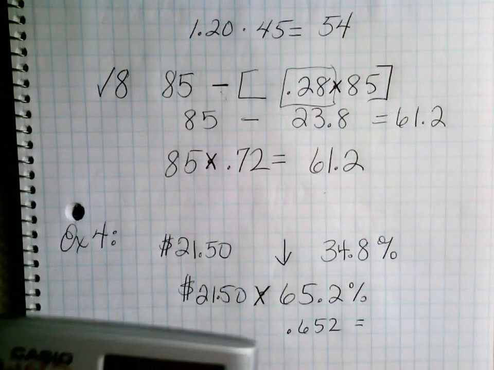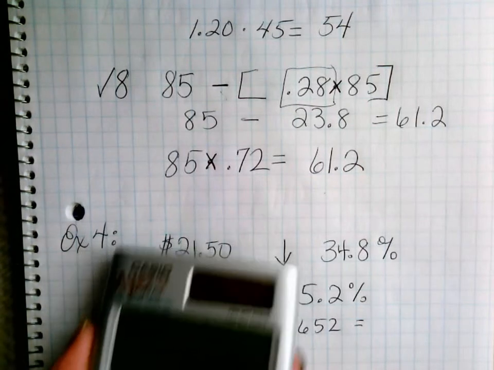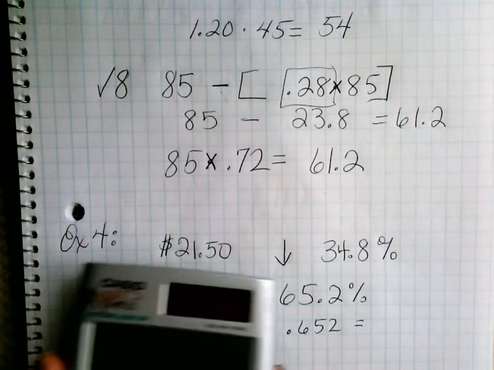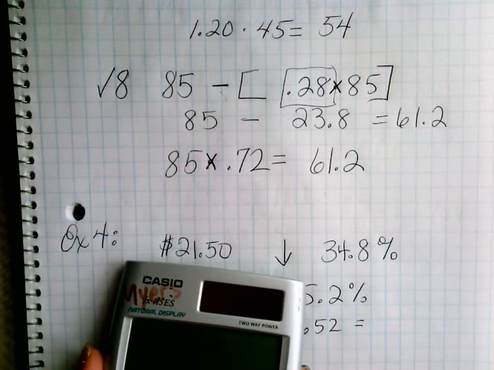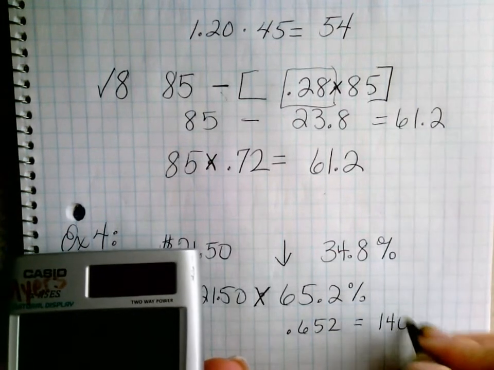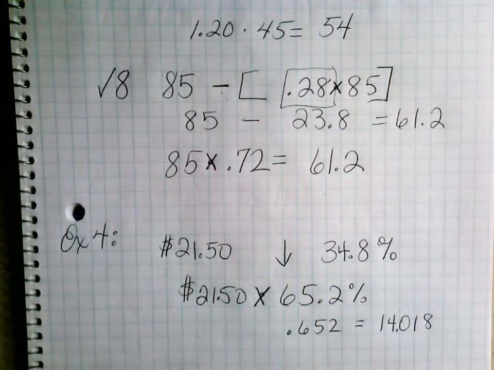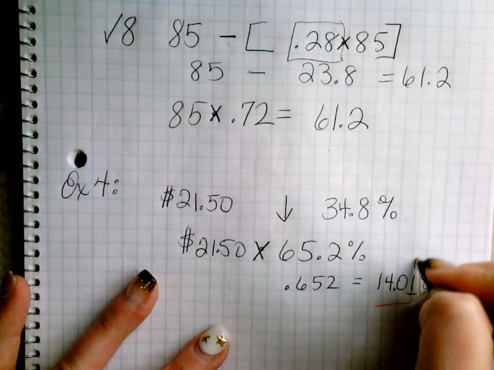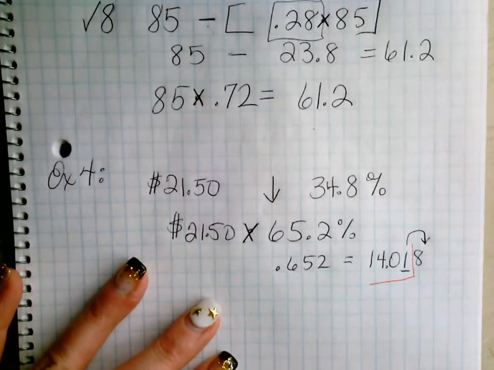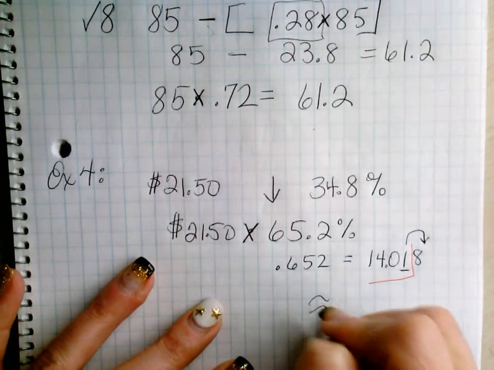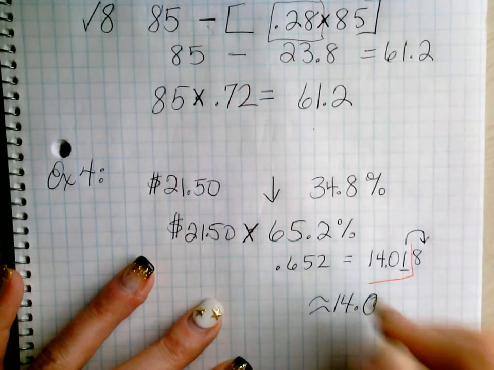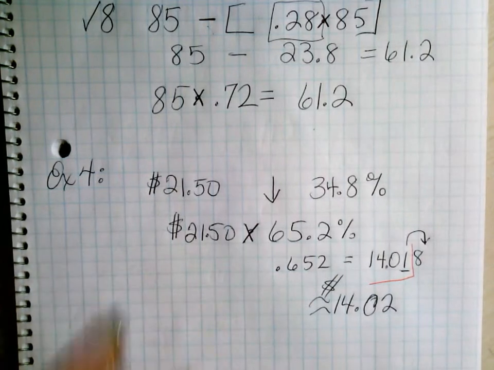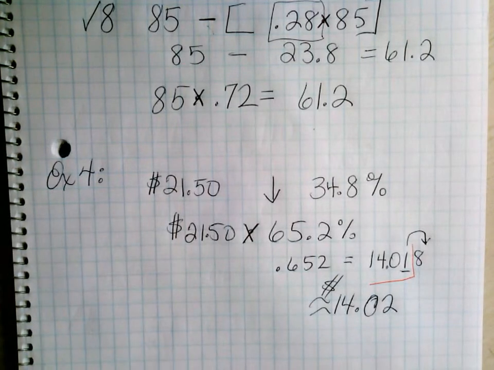This is pretty much the way I like to do these, like I've been showing you, but they're actually using it here, times 0.652. 14.018, okay? Recognize, folks, that monetary numbers only go to the hundredths, so you're going to use whatever's in the thousandths position around. I would say we're looking at $14.02 as your approximate value. That's the cost of CDs in 2000.